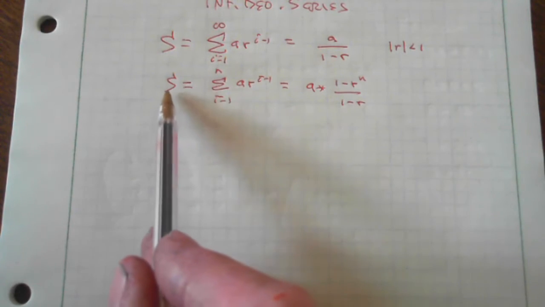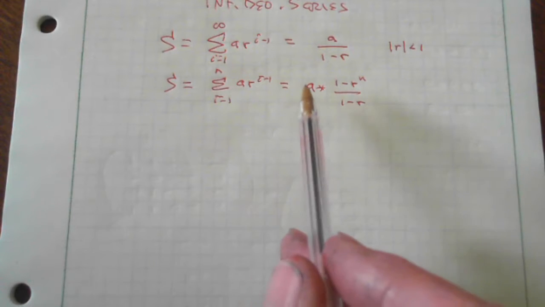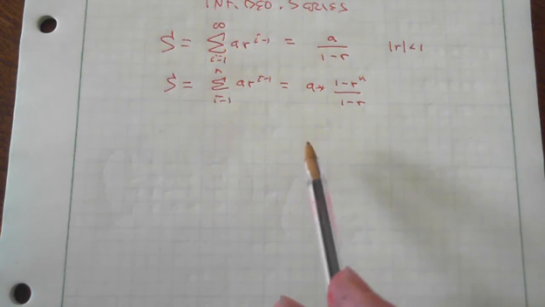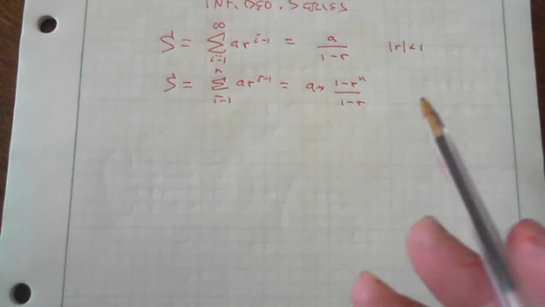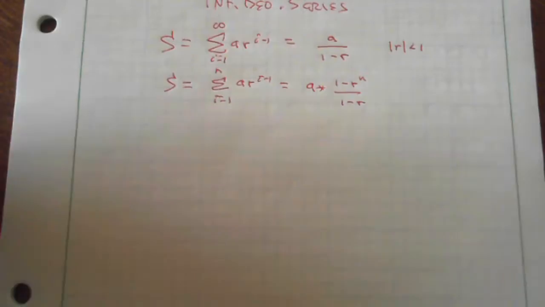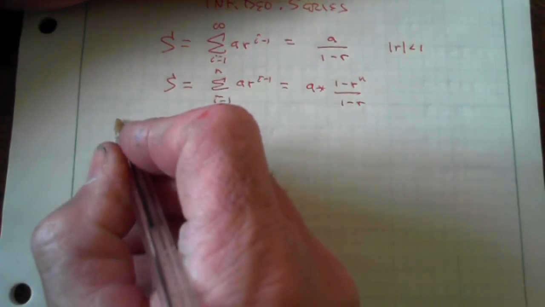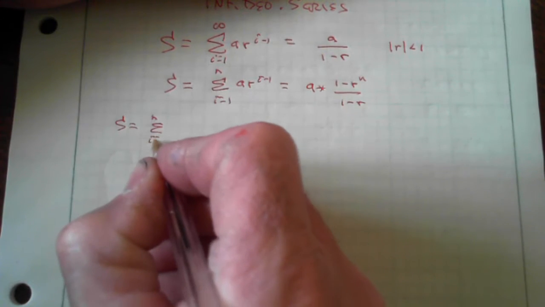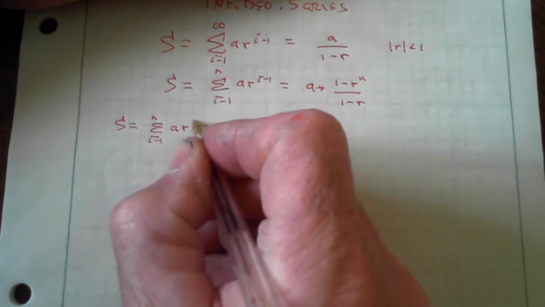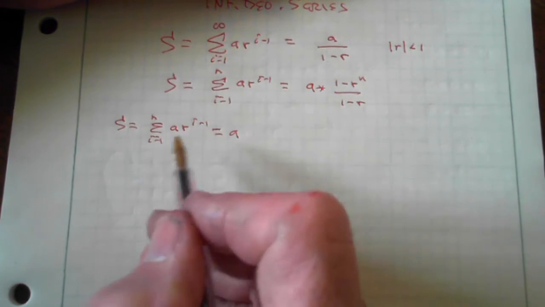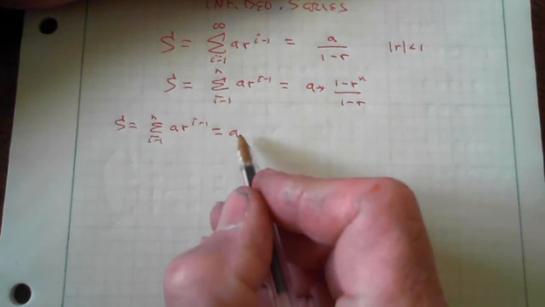I'm going to prove that this equals this, and then we're going to use an infinite count to show that it will end up getting that if it's infinite. So here we go. We're going to let S equal the sum from i equals 1 to n of a r to the i minus 1, which will be a times r to the 1 minus 1, which is r to the 0, which is 1.